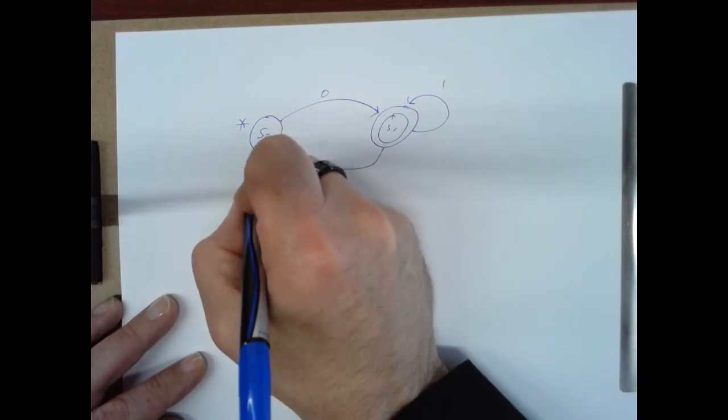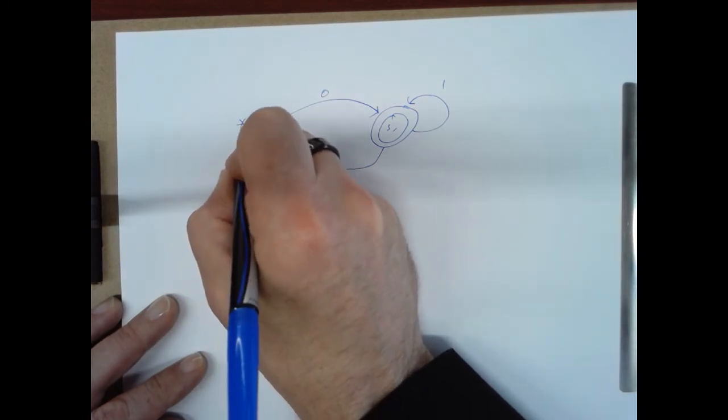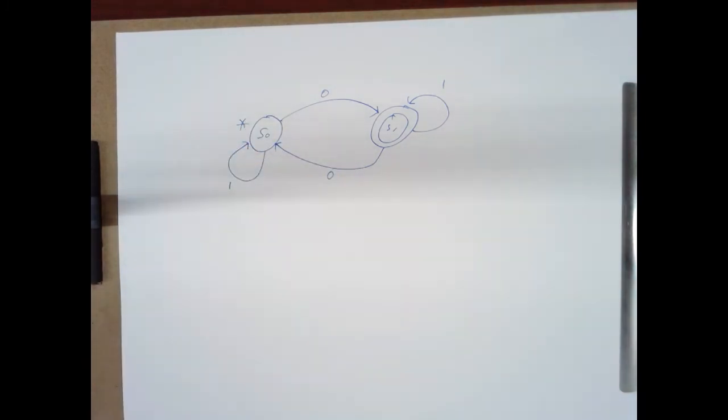There's a 1. Yeah, can't claim to know what this does exactly. So what's going to be recognized by this? So it has to have an odd number of zeros, okay, but the ones are very hard to describe.